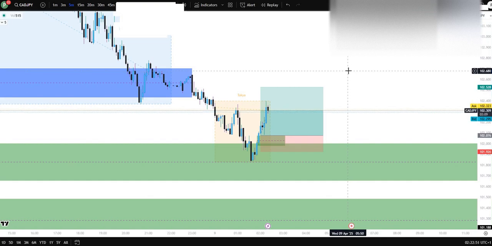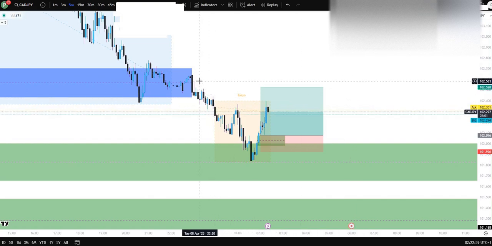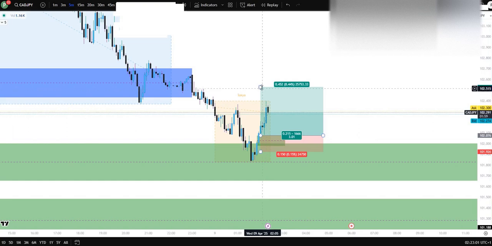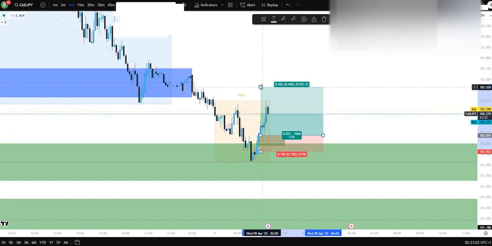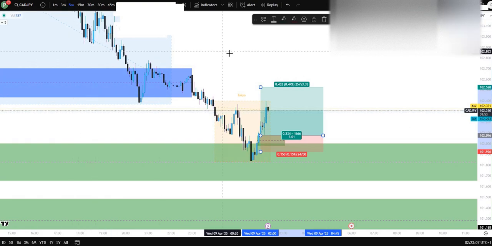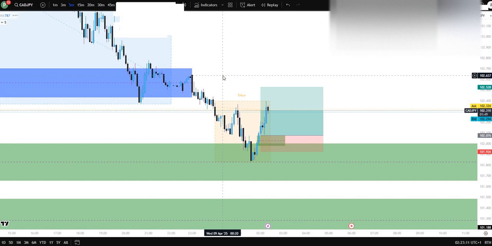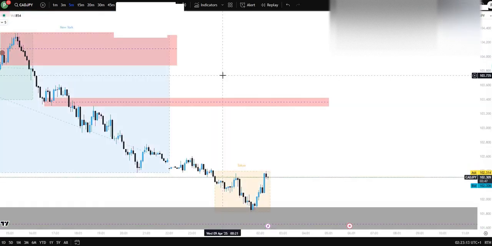Now, one thing I've noticed is that because I entered a little bit later, so we've got this move here, my TP is actually higher on this, which is weird. My TP is here. Let me take a look at the other side. Okay.